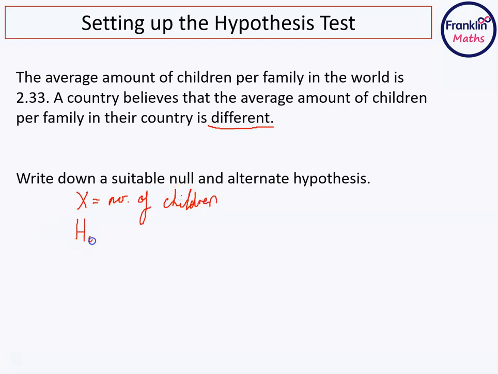H0, no change from the mean, mu is still equal to 2.33. Now if we're looking for a change or different or something like that, H1, we're going to say that the mean is not equal to 2.33.